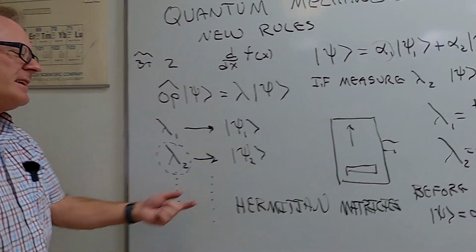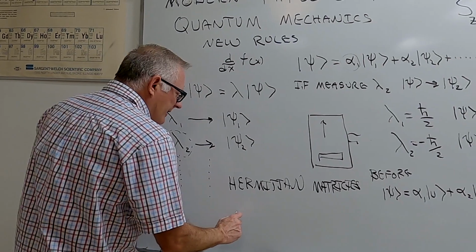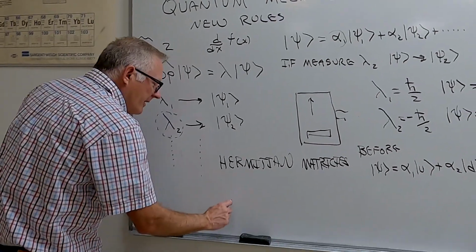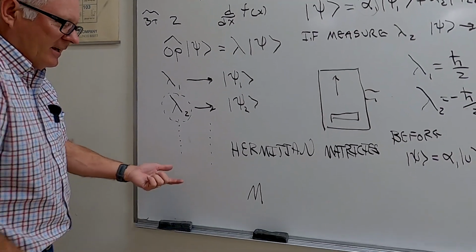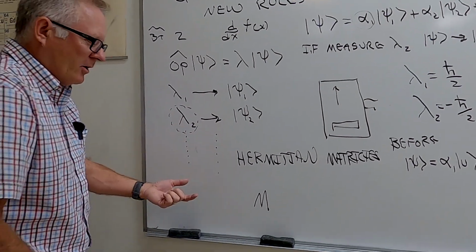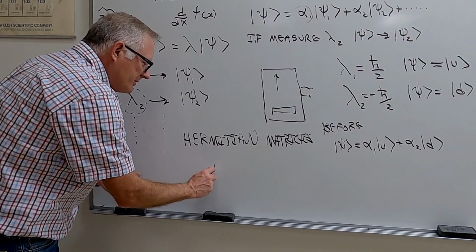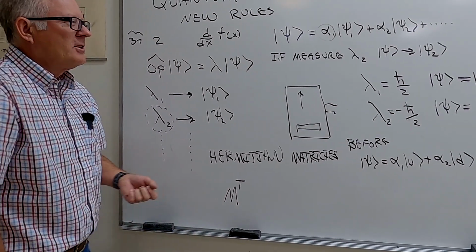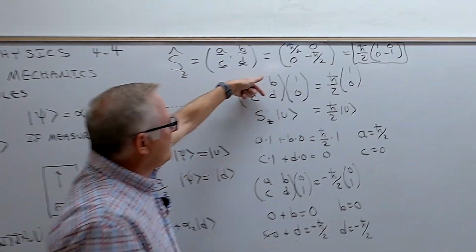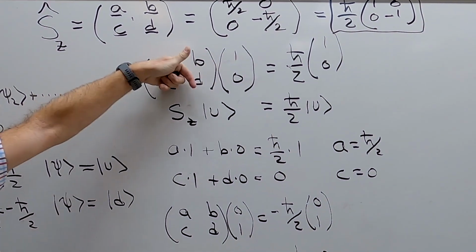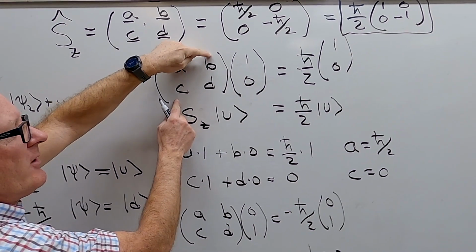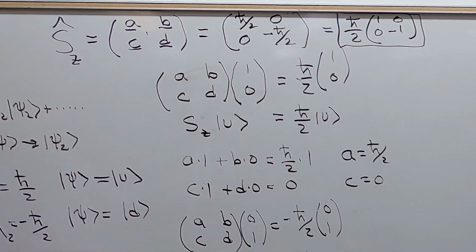One thing about these matrices is that if you take the transpose of the matrix, what does a transpose do? It doesn't do anything to the diagonals, but it flips the rows and columns. So for a 2 by 2, it flips these two, and it doesn't do anything to these.